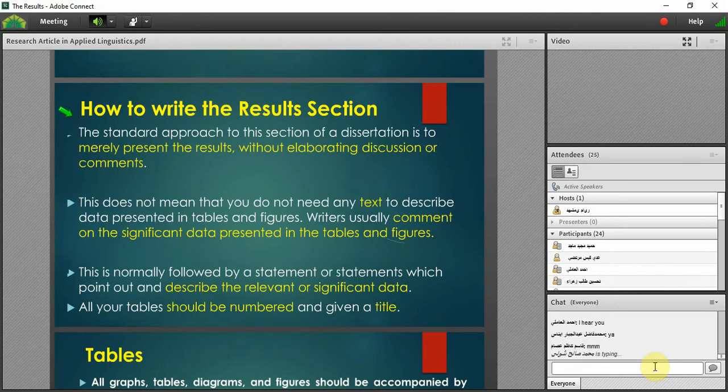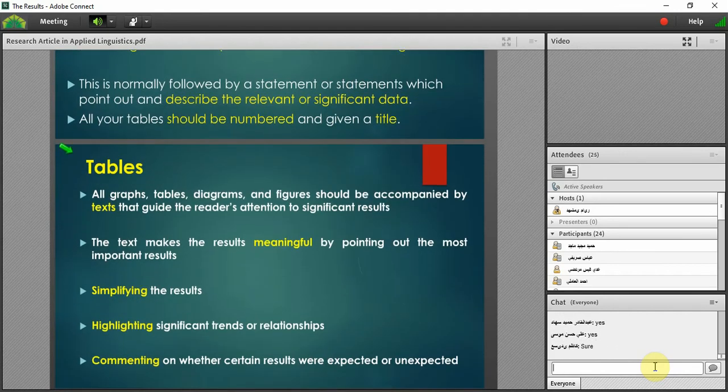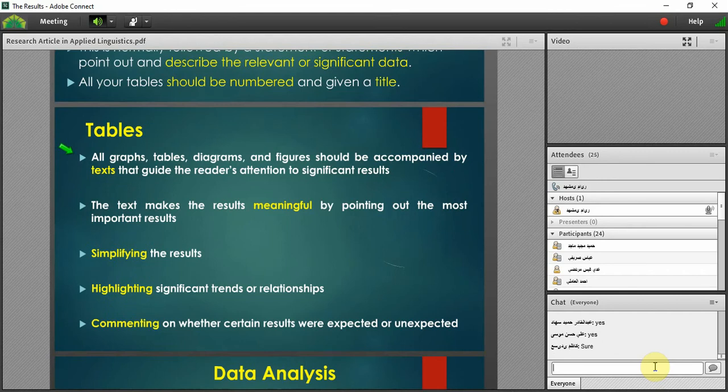So did you get the point for this page, everybody? So it's very easy. Remember, when you have text following the tables, it is not for justification, it is not for discussion.